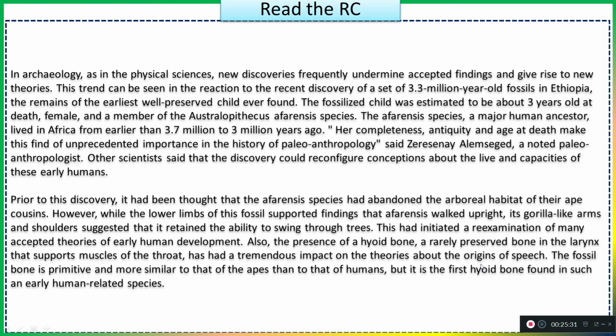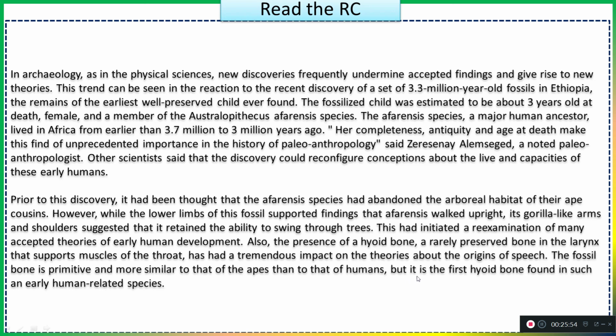The fossil bone is primitive and more similar to that of the apes than to that of humans. So they are saying that this fossil is more similar to apes, less similar to humans, which is again opposite to the initial thought that this species has abandoned the habitat of their ape cousins.